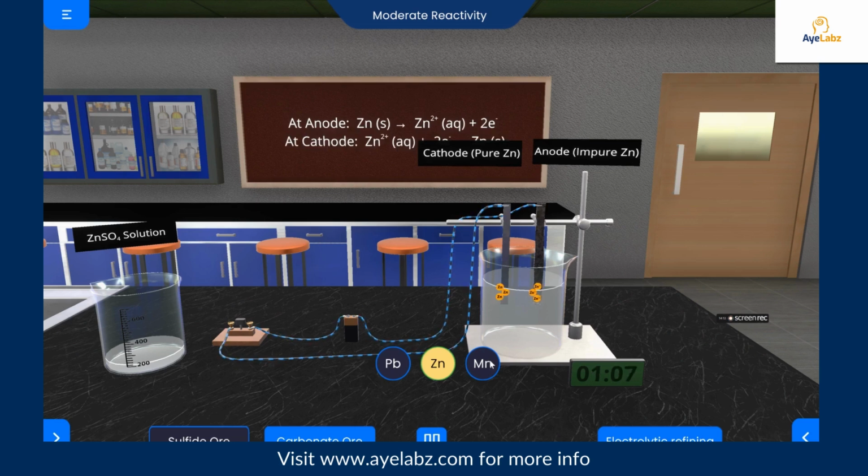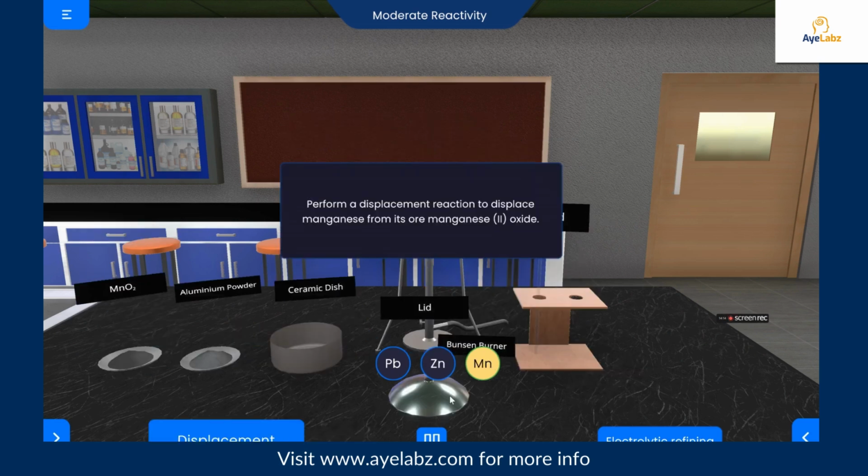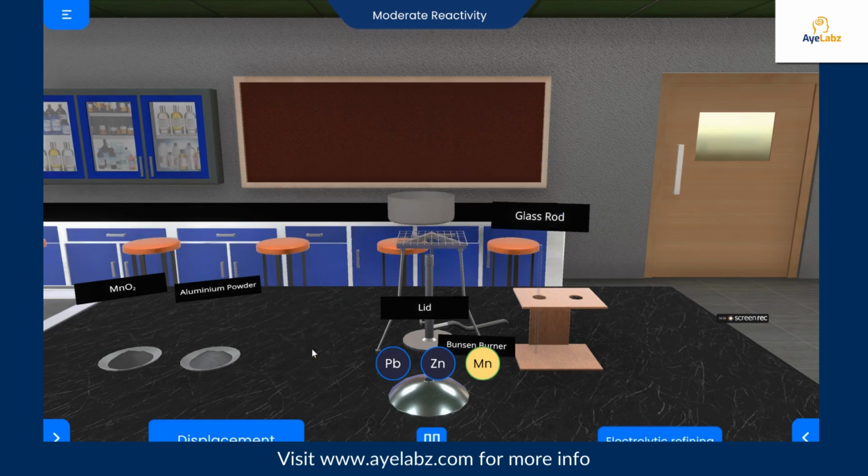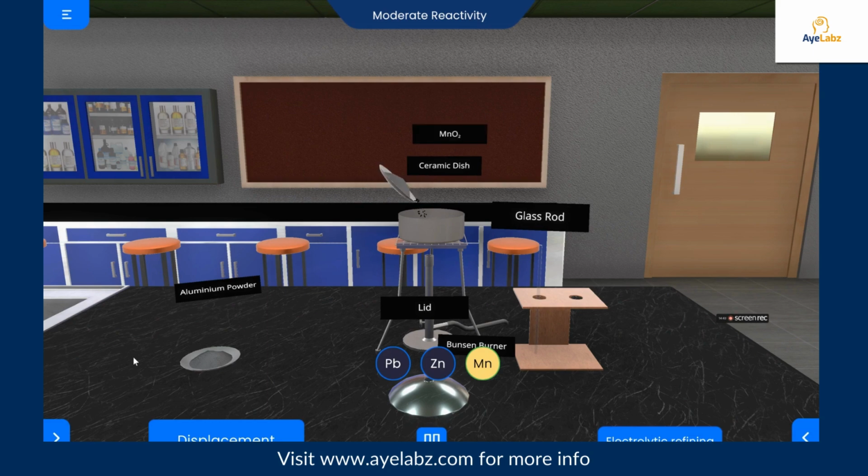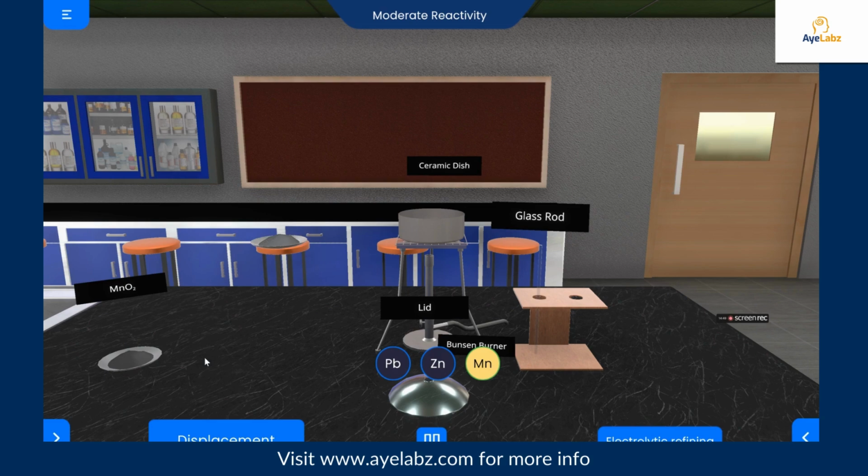Let me proceed to manganese. Manganese, unlike lead and zinc, undergoes a displacement reaction, because it is more reactive when compared with the other two metals under moderately reactive elements. For that, I'm taking a ceramic dish. I'm using manganese dioxide. For the displacement, I took aluminium powder to react with manganese dioxide.